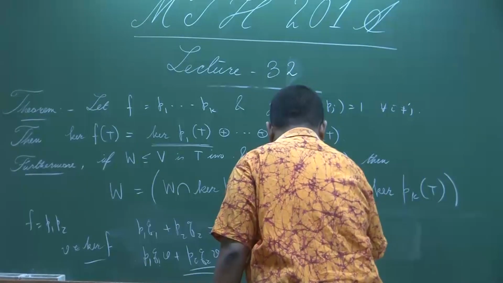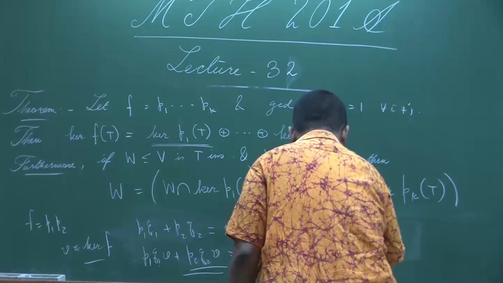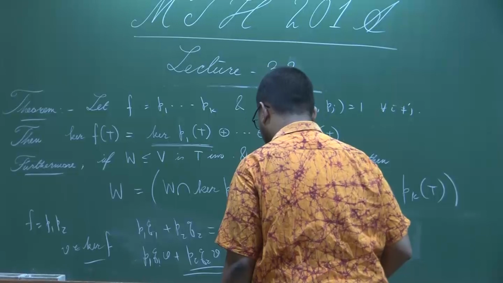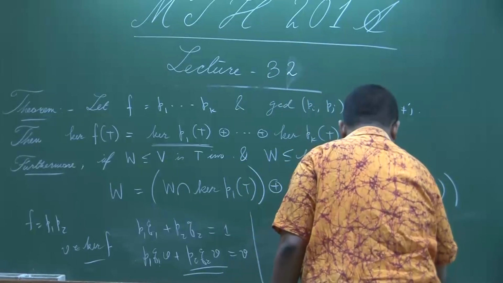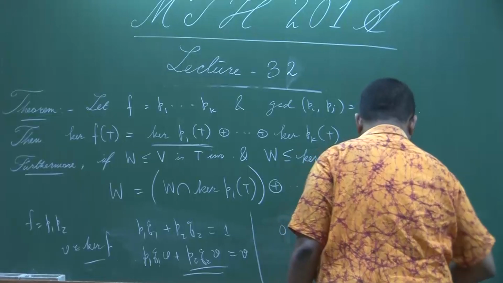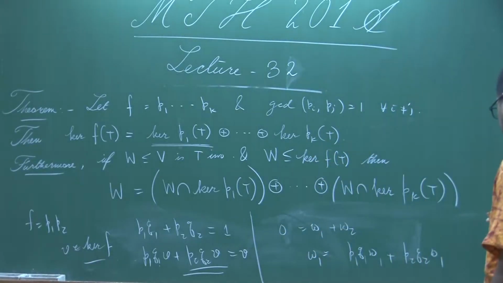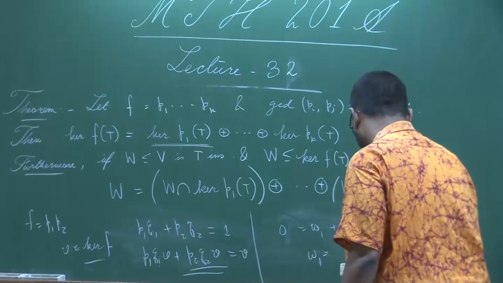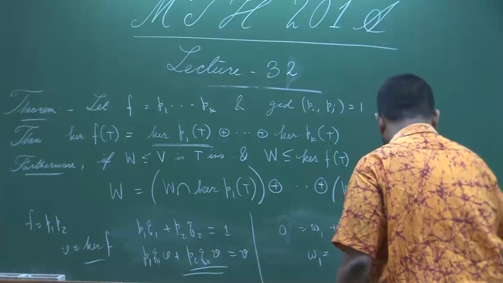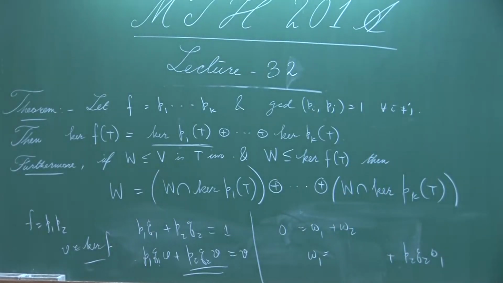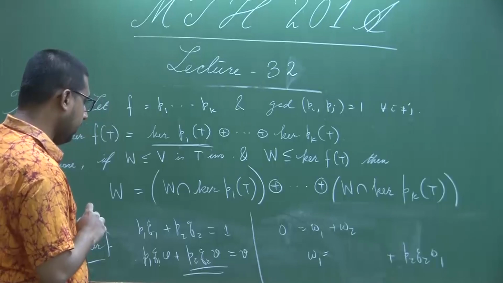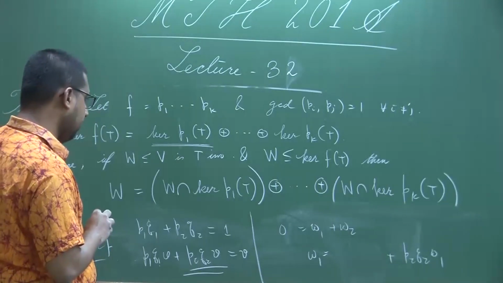So, W1 is indeed P1 Q1 W1 and then P2 Q2 W1. Okay. So, this part automatically goes away. Now, P2 Q2 W1 equals W1 for all W1, okay. Now, what does that give me?